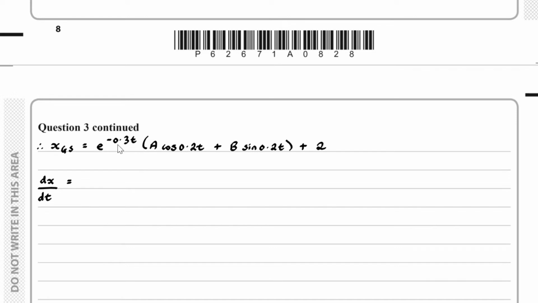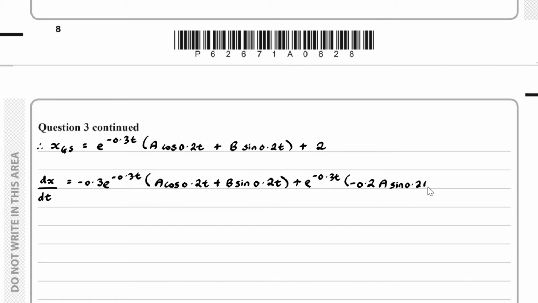We have u dash times v, so we've got minus 0.3 e to the minus 0.3t times a cosine of 0.2t plus b sine of 0.2t, plus u times v dash, so we add on e to the minus 0.3t, and if we differentiate this bracket, we'll end up with minus 0.2a sine of 0.2t plus 0.2b cosine of 0.2t. And of course, if we differentiate the 2, we'll end up with 0.